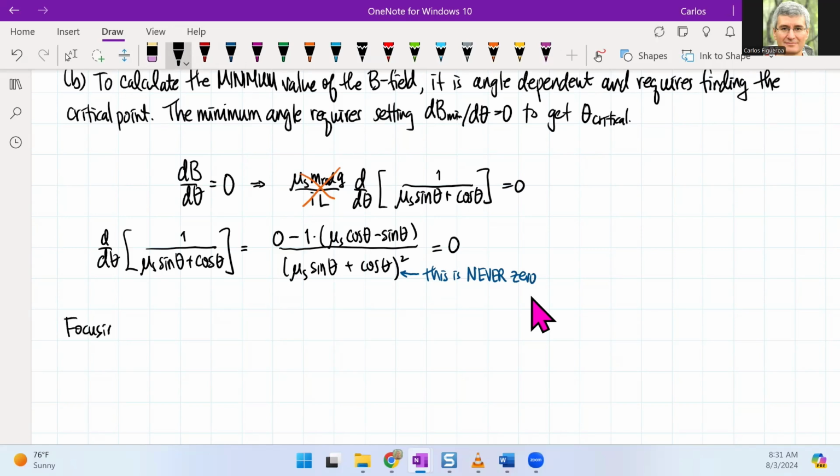Focusing on the numerator, the critical point has the condition of mu_s cosine of theta equal to sine of theta. Or, by the way, should you be surprised?